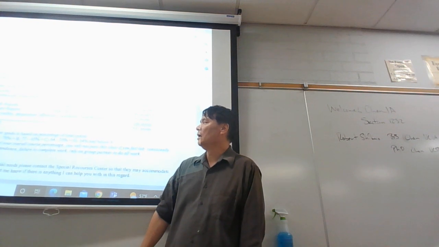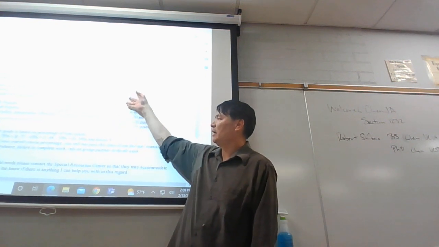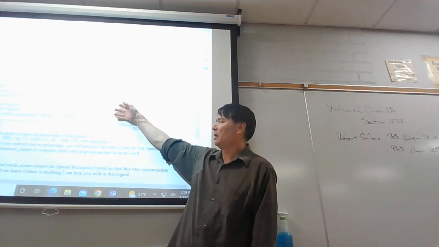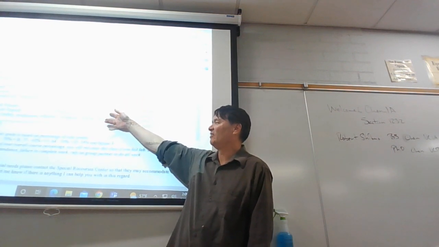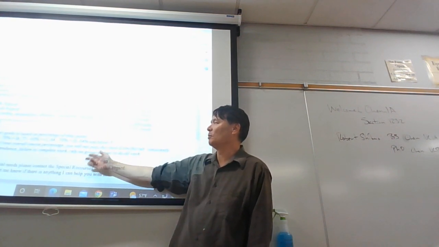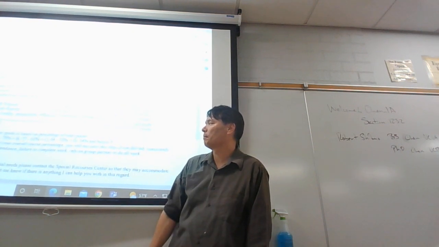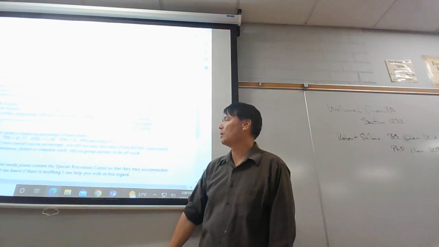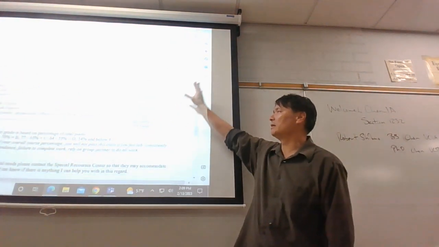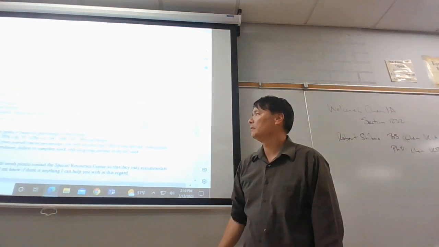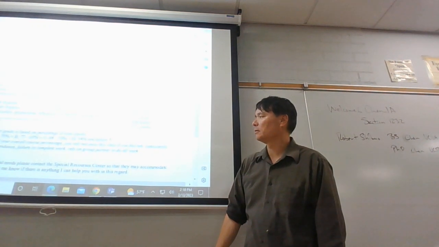And therefore, you could be getting an A in lecture and a D in lab, but your overall course grade will be a D regardless of how well you're doing in lecture. And so just be aware of that. It's critical that you make the labs and you don't miss those.